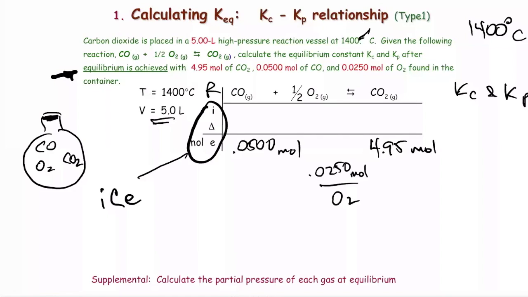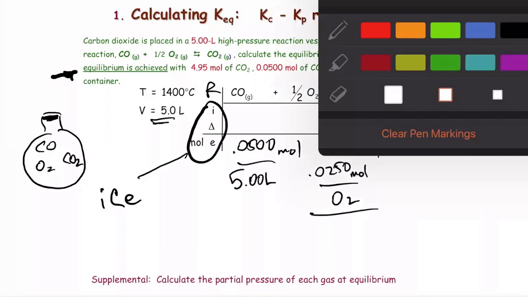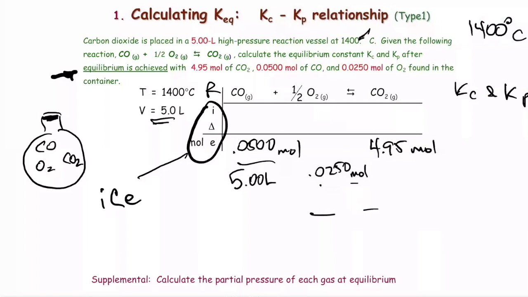You can't just use those because those are moles, not molarity. So you need to divide by 5 liters, and that'll get you your molar concentration.